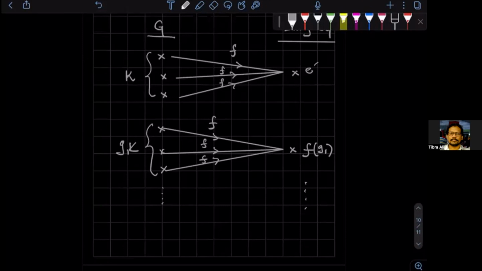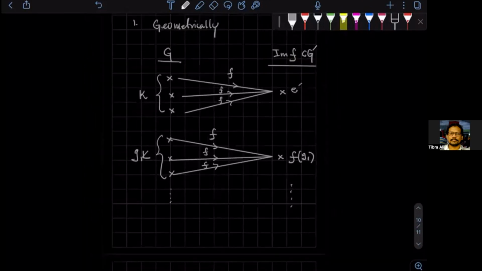So we see that this map between these subsets and these elements is an isomorphism, whereas the individual maps between the elements of G and the elements of the image of F are not isomorphisms, okay? Is that clear what I'm trying to say here?